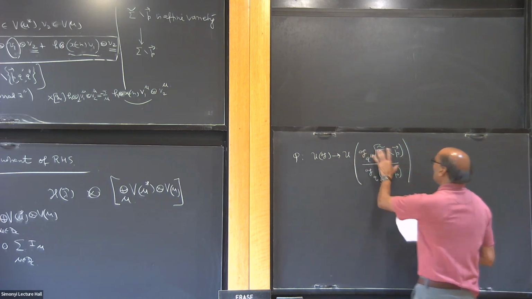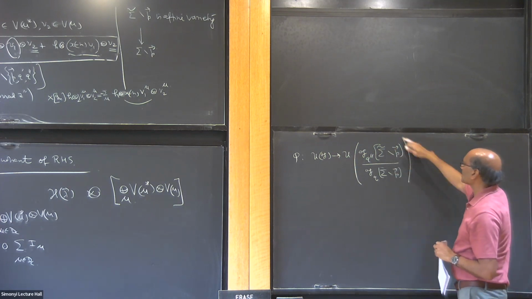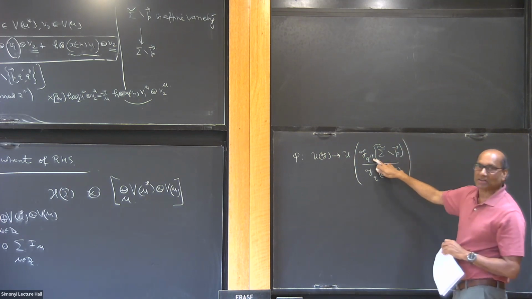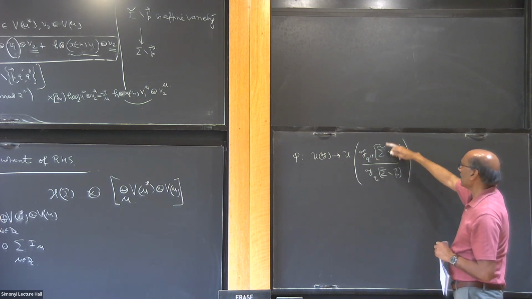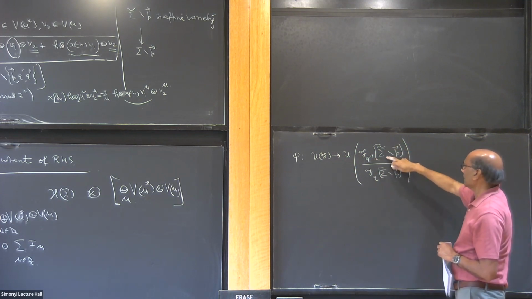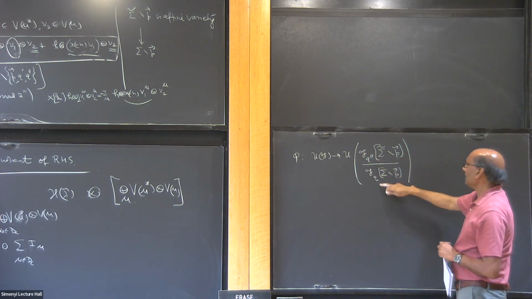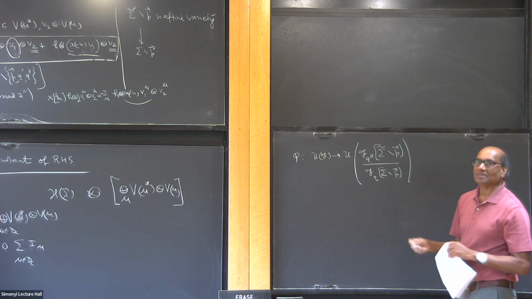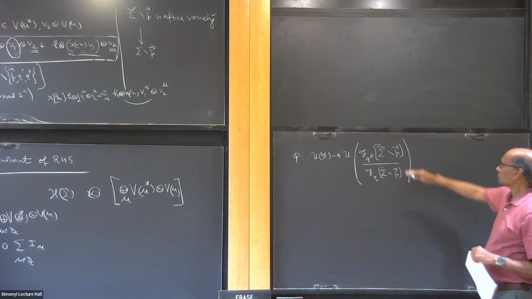What is the notation here? I am taking functions on the normalization which vanish at Q double prime, and I'm dividing by the functions which vanish at Q. That means it vanishes both at Q prime and Q double prime. So this is a Lie algebra.